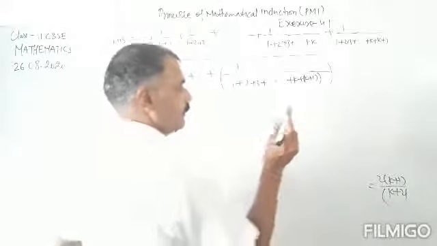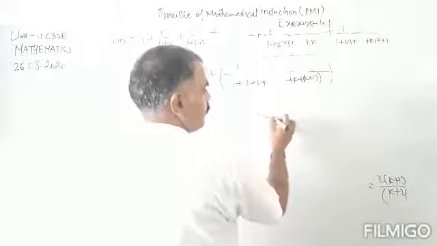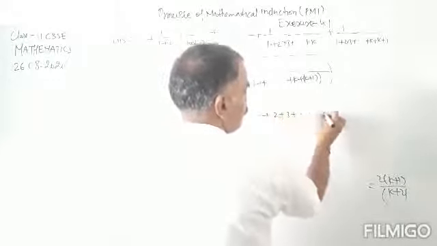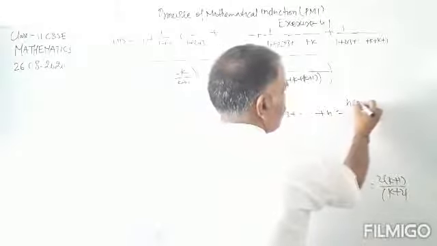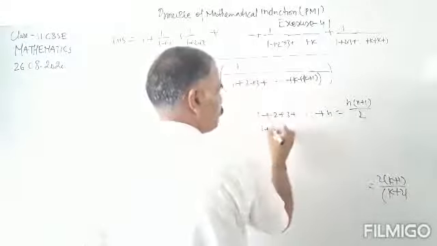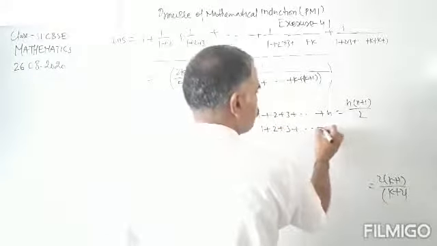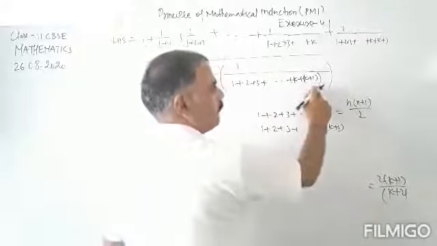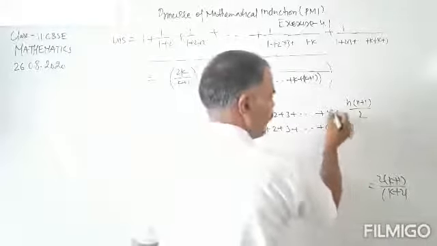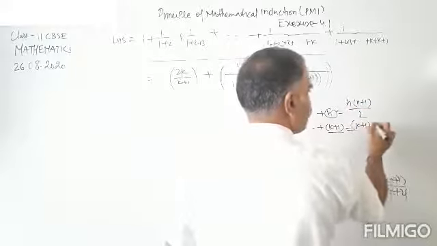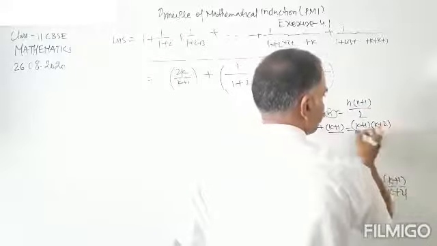Let us have a look at the sum of natural numbers from 1 to n. 1, 2, 3 plus up to n is n into n plus 1 by 2. So the sum of natural numbers up to k plus 1, replacing n by k plus 1, is k plus 1 into k plus 1 plus 1, that is k plus 2, by 2.